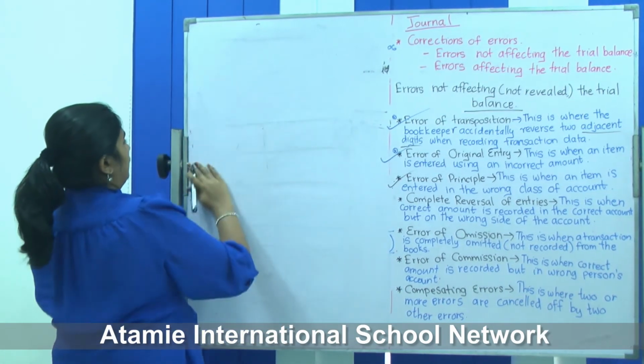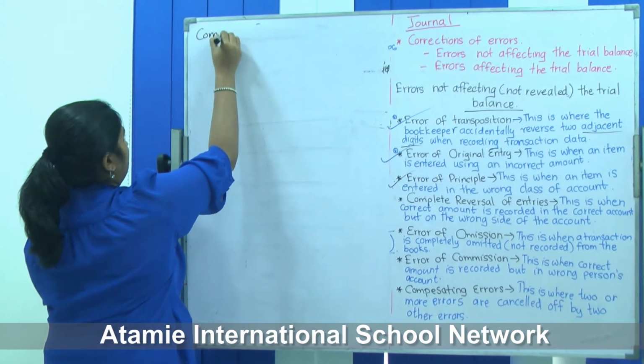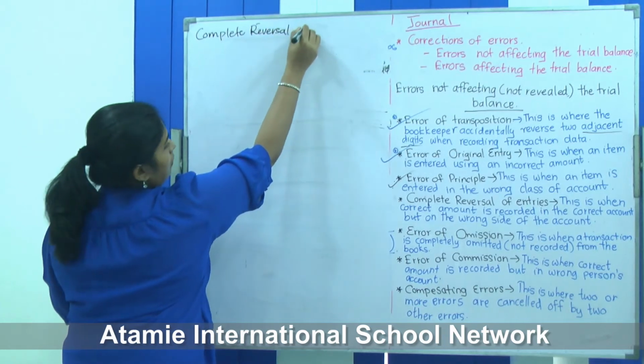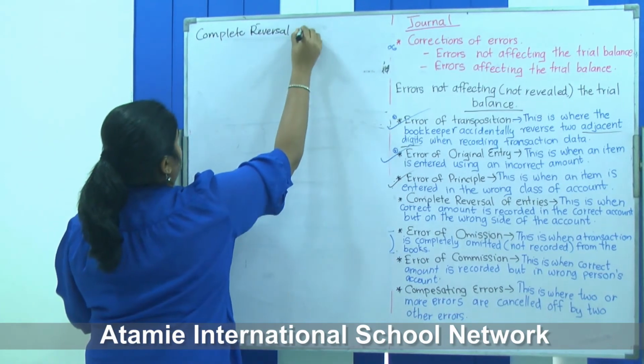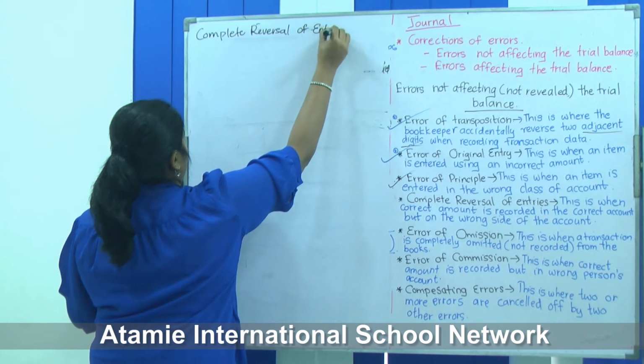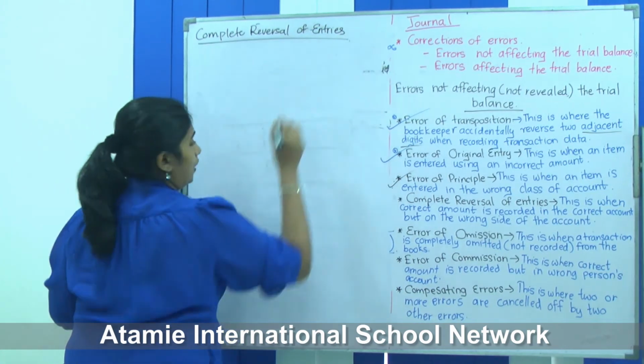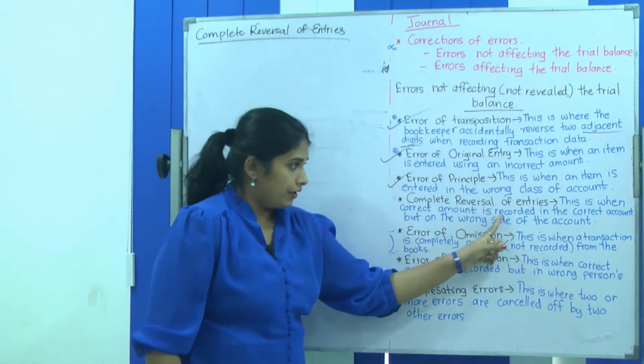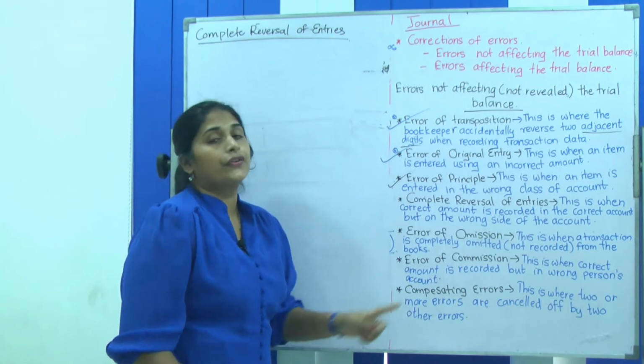Our fourth error, complete reversal of entries. This is when the correct amount is recorded in the correct account but on the wrong side.